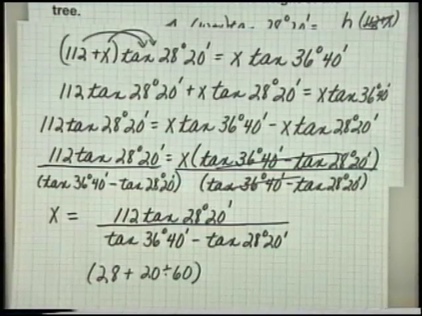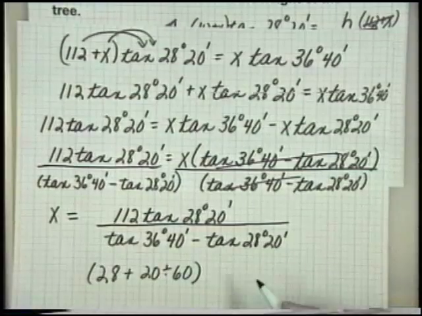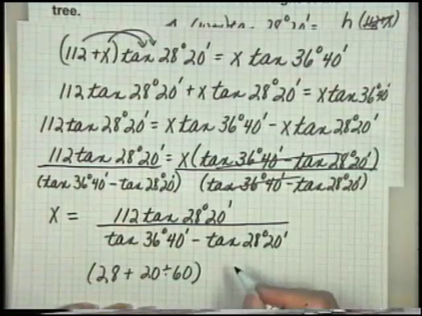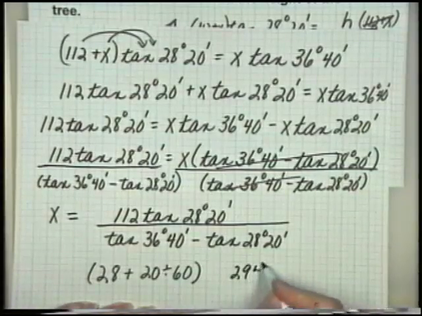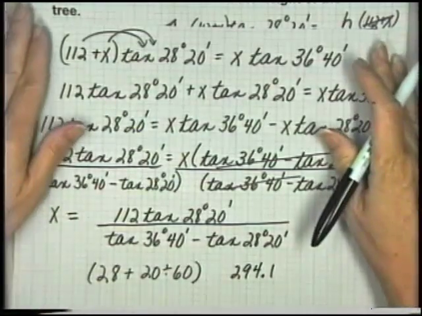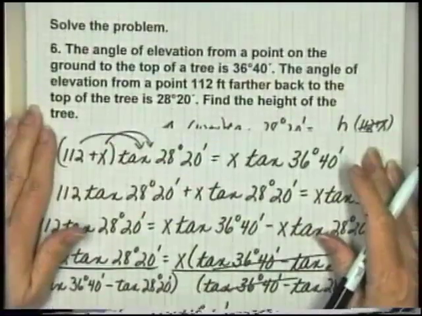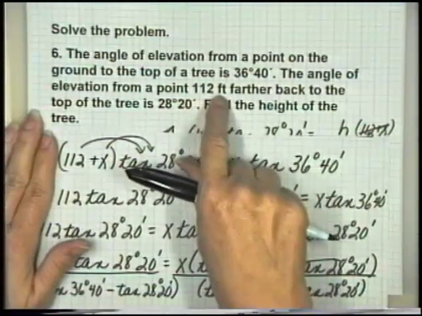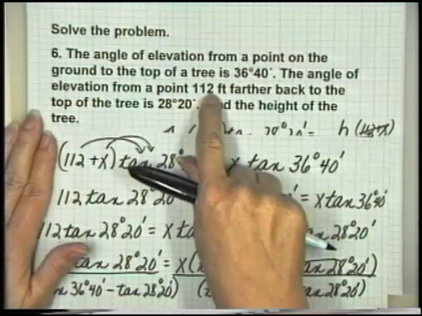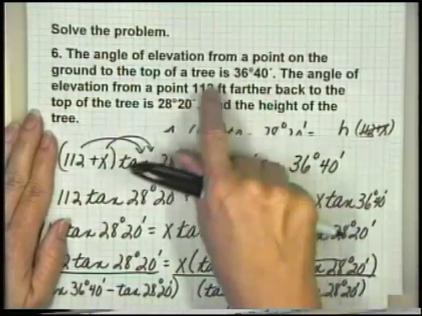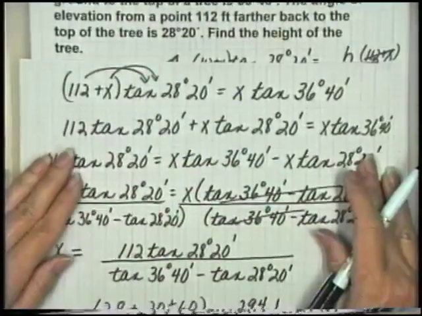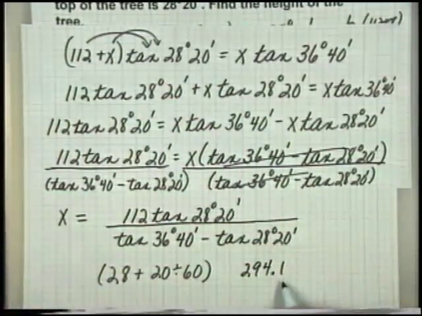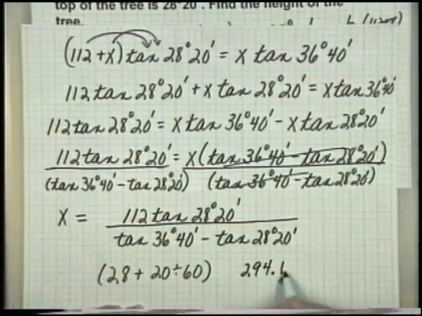And what you should get is 294.186 something. Let's see here what we need to round to. Well, let's look back at this original problem. Notice that we were given this number to 3 significant digits, and our angle is to 3 significant digits, so that's what we want to round to.